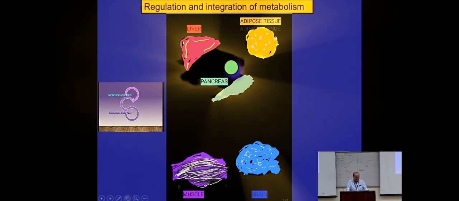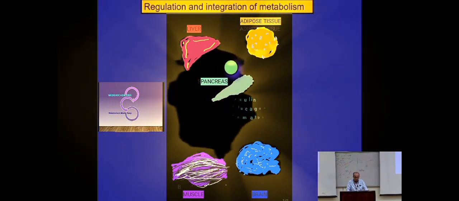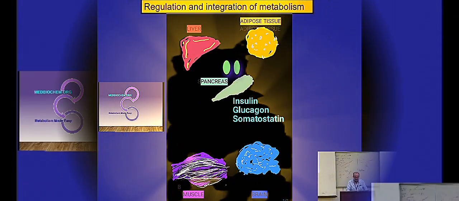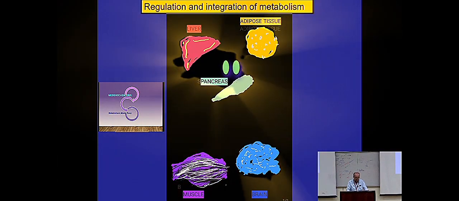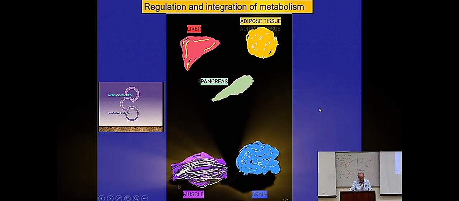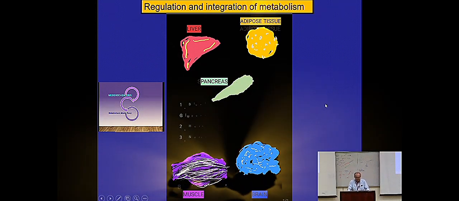So the pancreas is the source of 3 important hormones that regulate metabolism: insulin, glucagon, and somatostatin. We'll mainly talk about insulin and glucagon in the context of their ability to change and regulate metabolism, hence the importance of the pancreas as the source of these hormones.